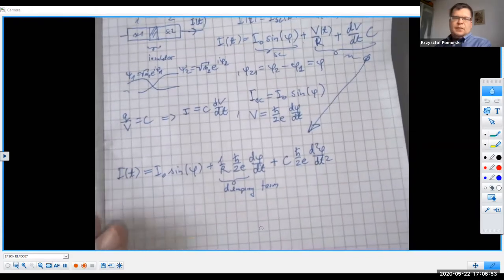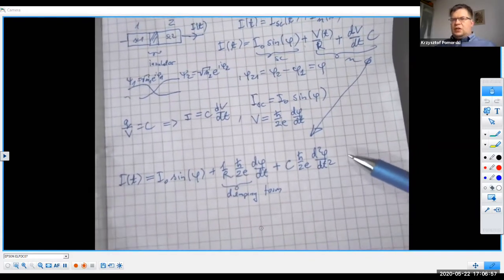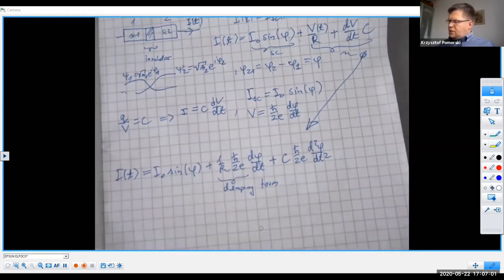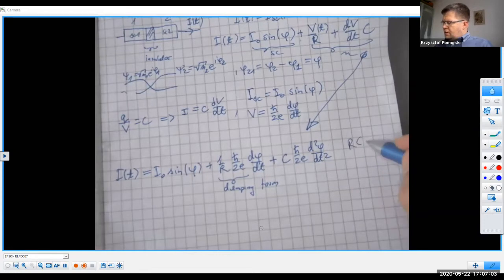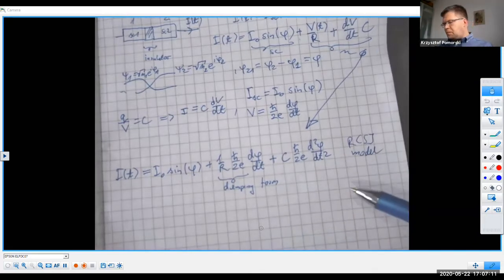Here is the damping term. The whole dynamics of the Josephson junction in the RCSJ model is described by this equation. This is the RCSJ model. It is not very intuitive, but it still refers to a phase difference in the macroscopic wave function.